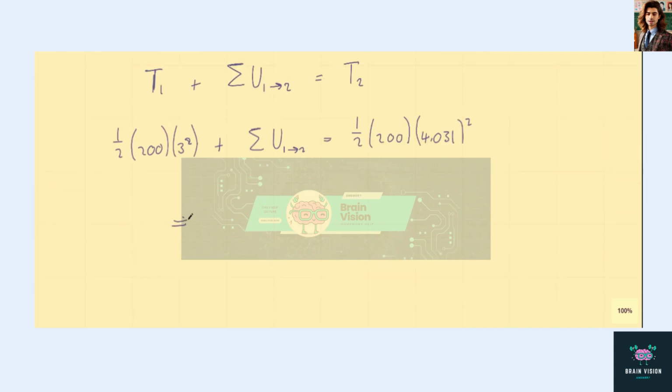So as we can see, we can rearrange here and find the work done between 0 and 4 seconds on the ride by the cable is 725 joules.